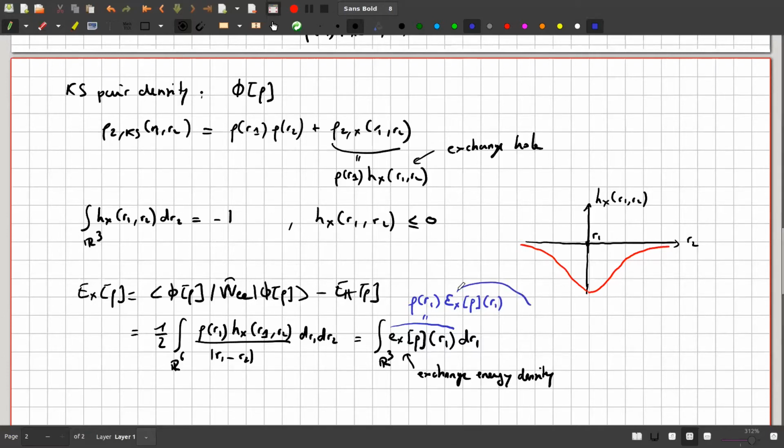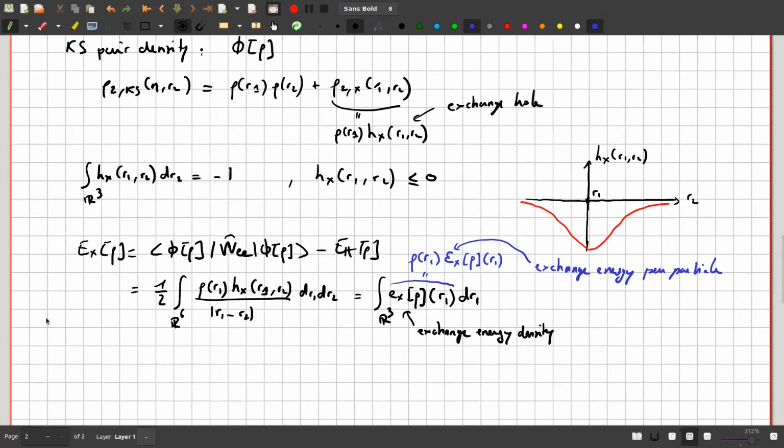So that's the exchange energy per particle, and depending of cases, it is easier to think in terms of the energy density or in terms of the energy per particle. Okay, so that's the actual quantity that we will approximate in practice.